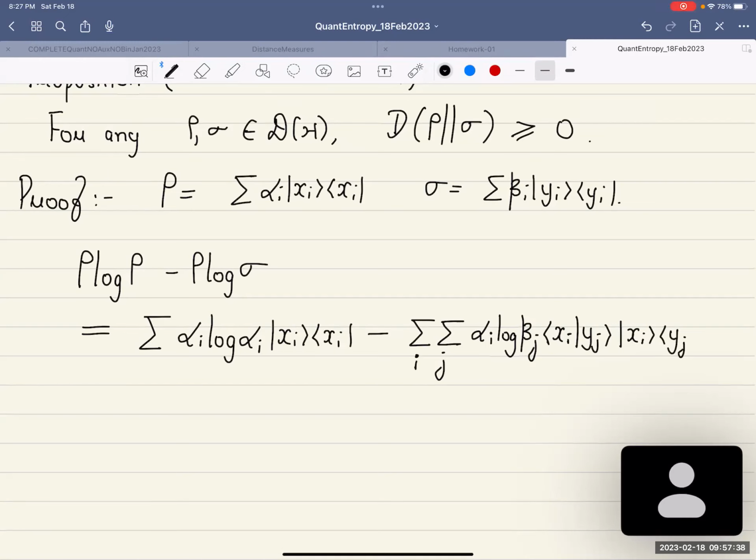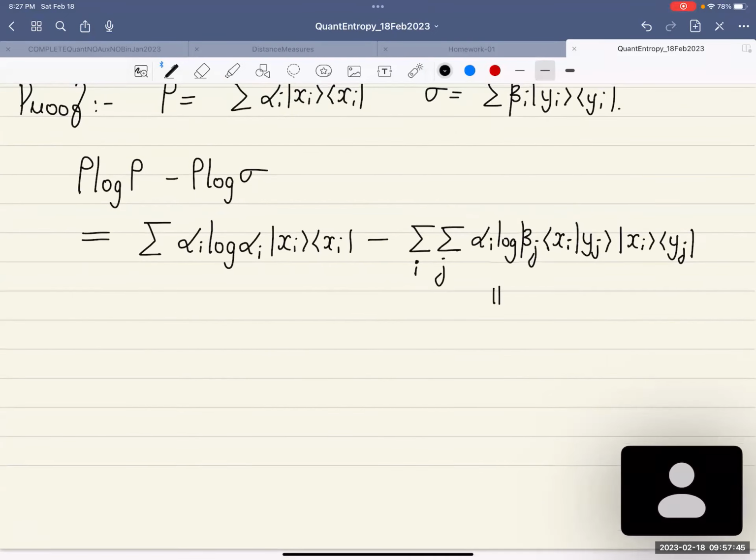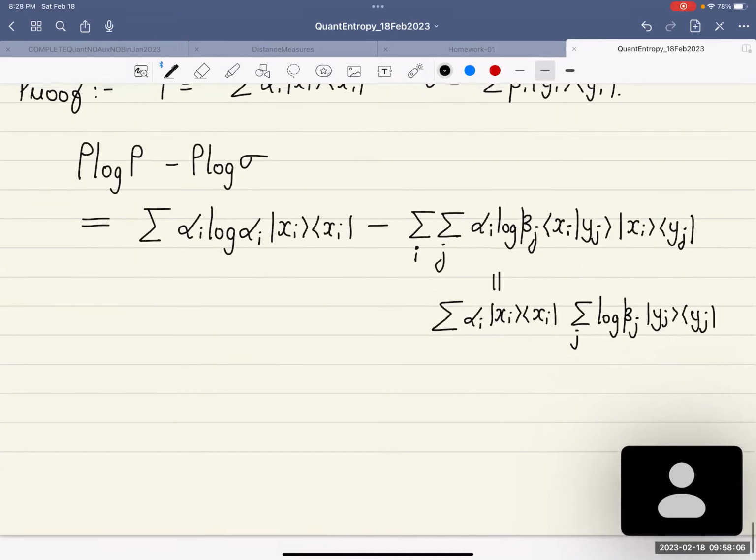Do you agree? Because this is essentially alpha i xi times the sum over j of log beta j yj, correct? Is that okay? Okay. Yeah.